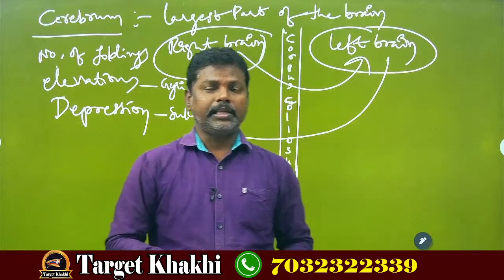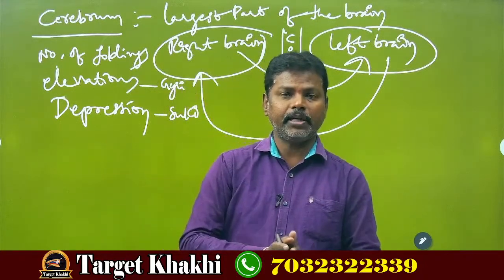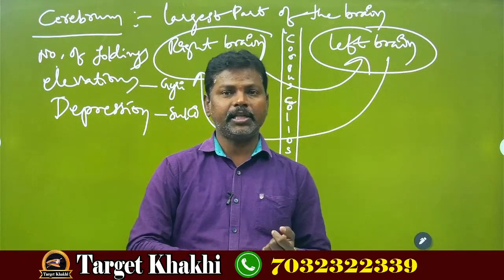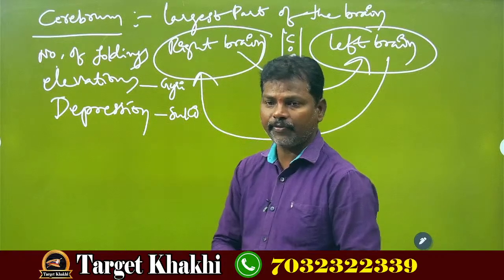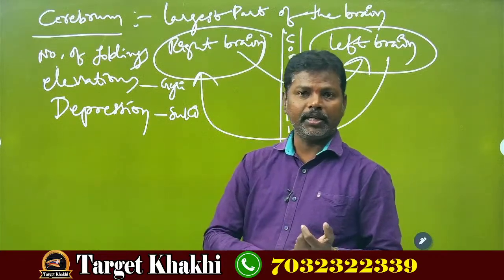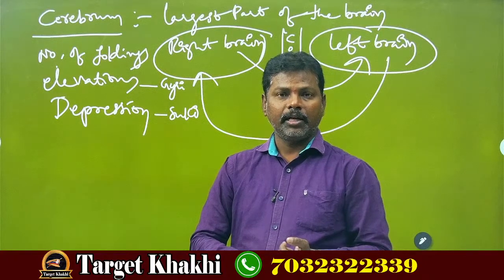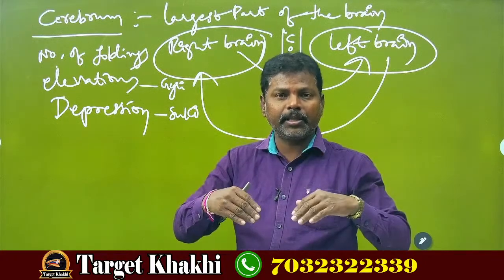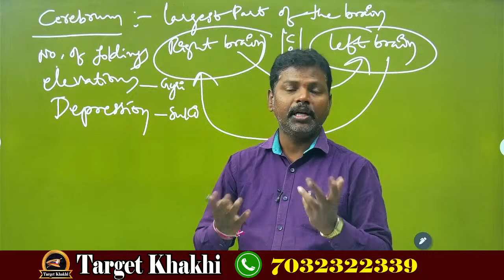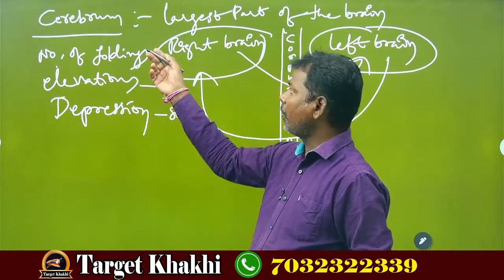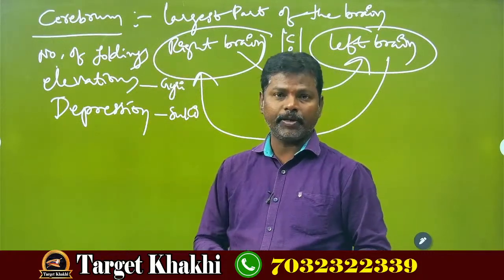Next, what is the main function of the cerebrum? Cerebrum is the largest part of the brain. It is the seat of intelligence, memory, thinking, speech. Whatever we remember and we can forget also, that is the main function of the cerebrum.